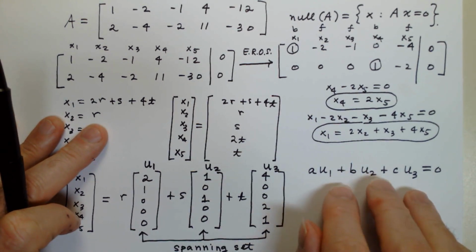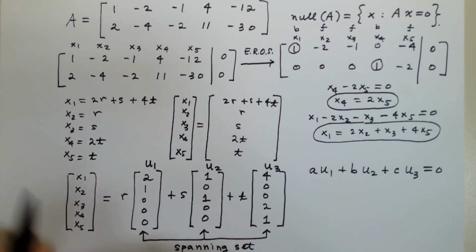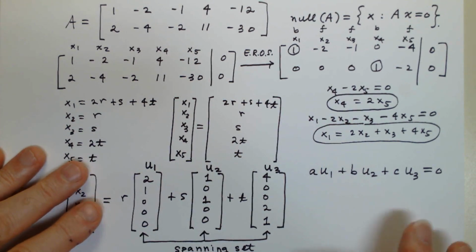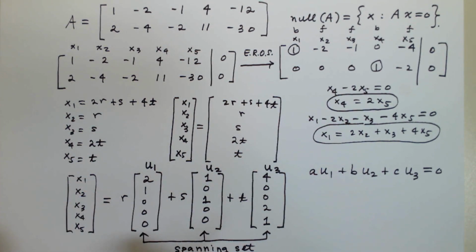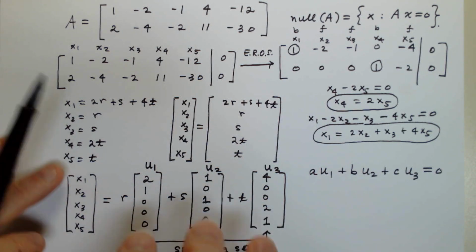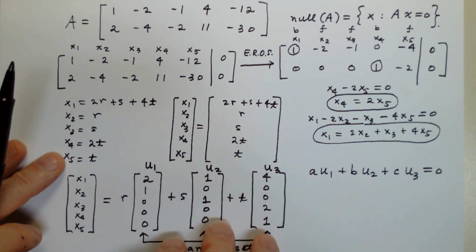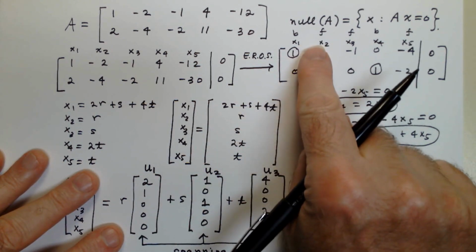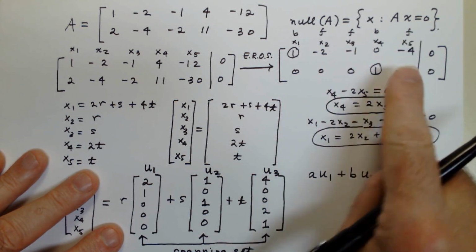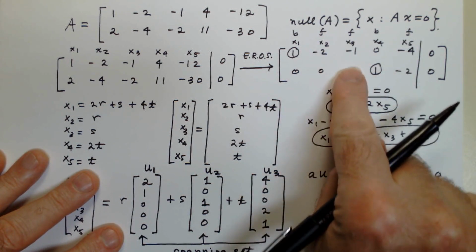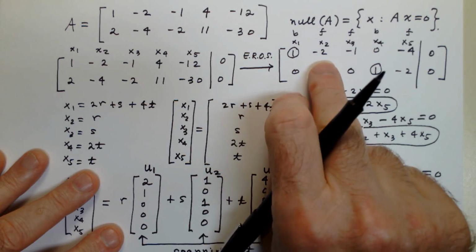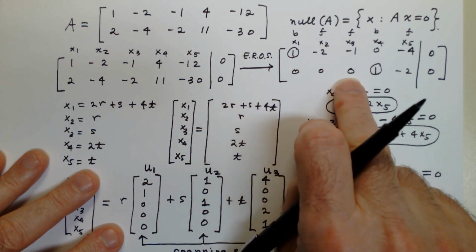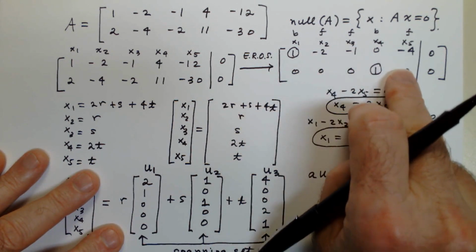So let's see why this collection of vectors is linearly independent. What I want us to concentrate on is 3 different rows of this collection of vectors, exactly the rows that correspond to the columns that contain the free variables. So in this case, we have column 2, column 3, and column 5.